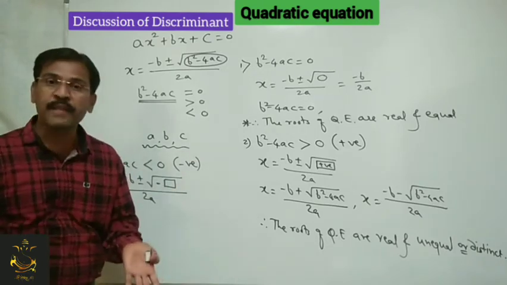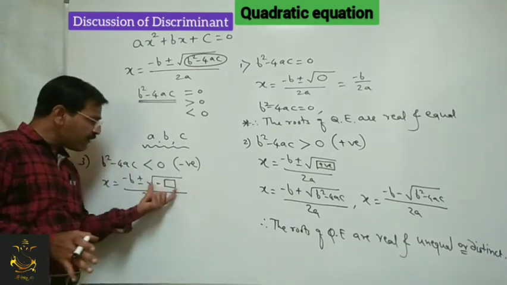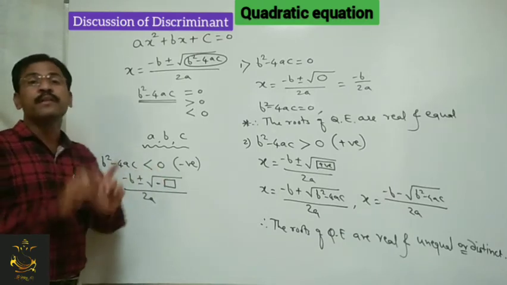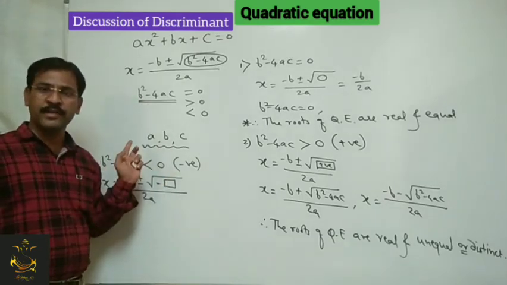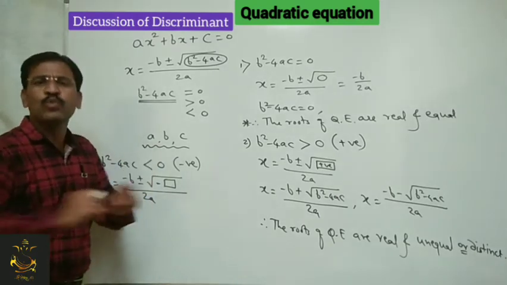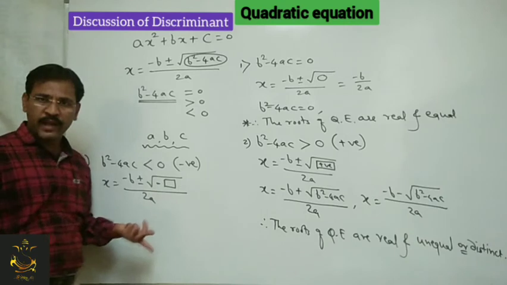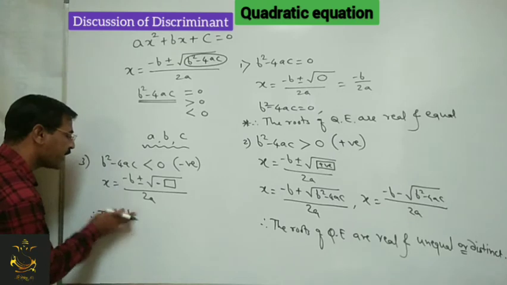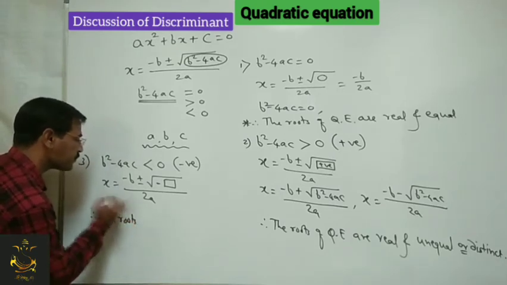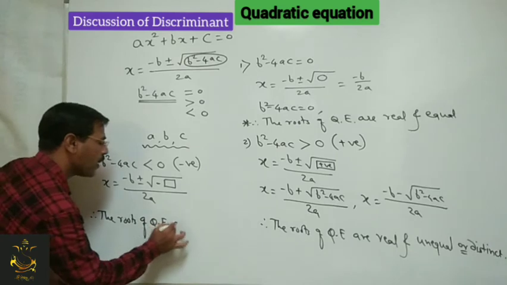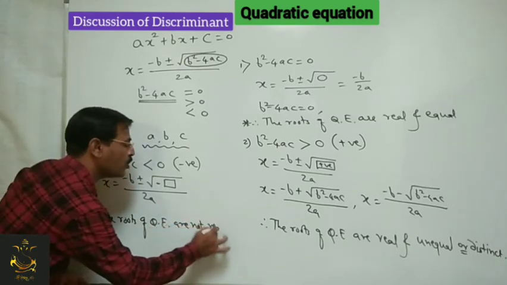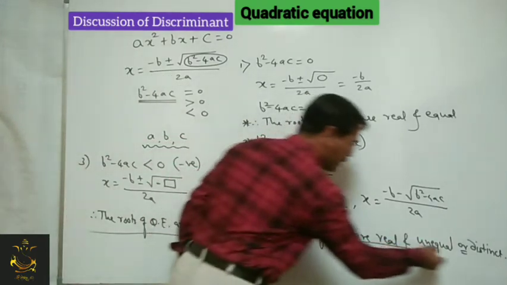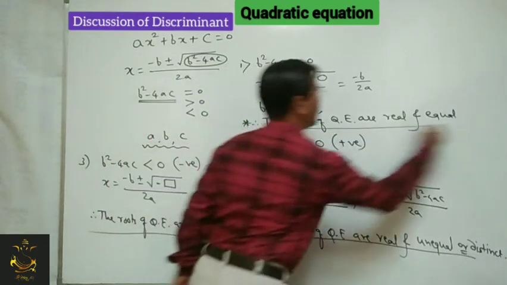That is not in our syllabus. That is why whenever b square minus 4ac is negative or less than 0, the roots are not real. So we can write that the roots of the quadratic equation are not real. Understand, friends? Here there are three possibilities.